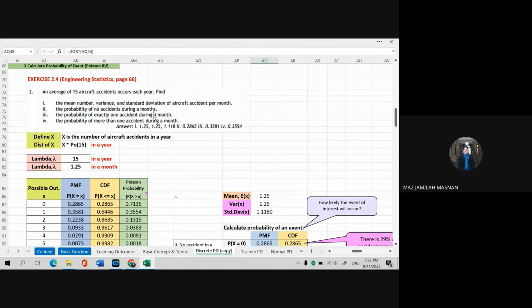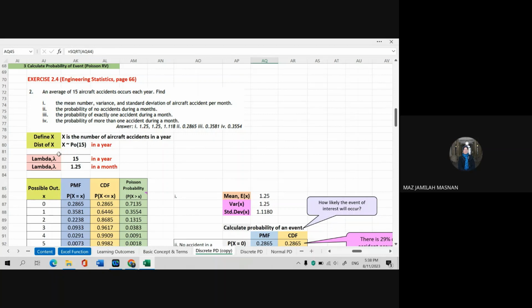So observe the question and observe the situation given. The situation given is that you have 15 aircraft accidents each year, and the question asks for a month. So what can you do? As usual, you begin with your definition of X. What is X in your case? X in this case is the number of aircraft accidents in a year.